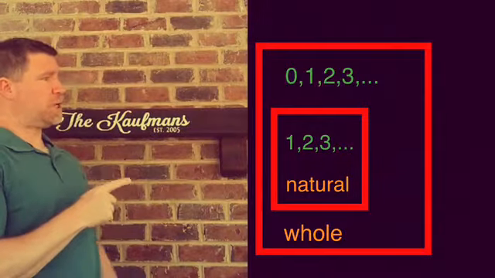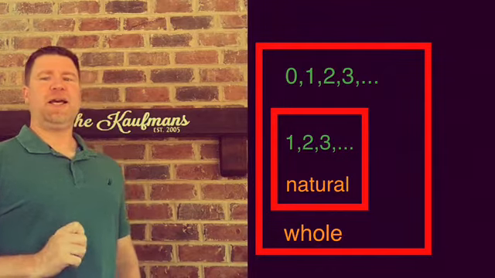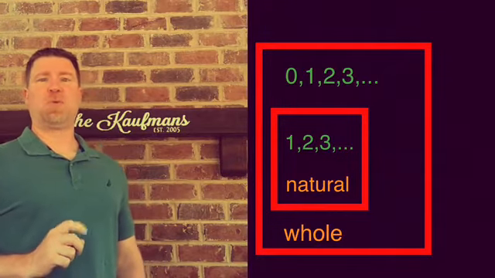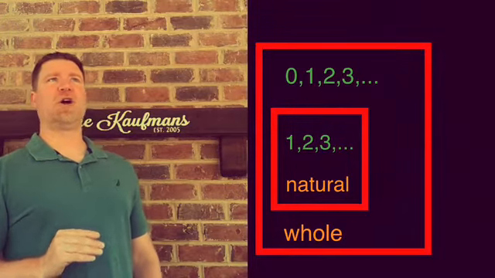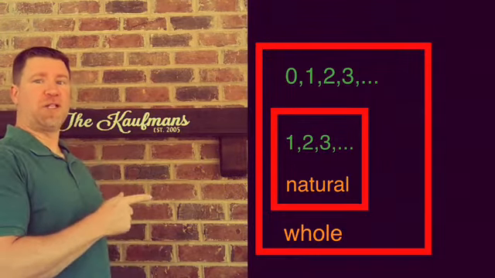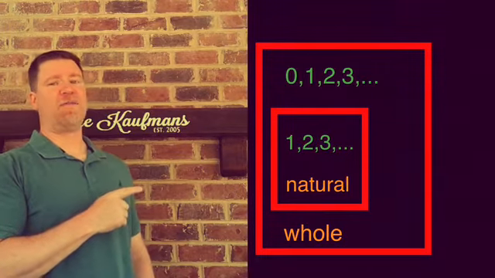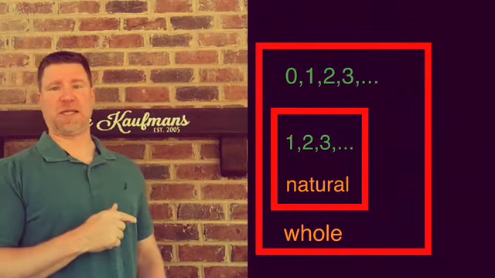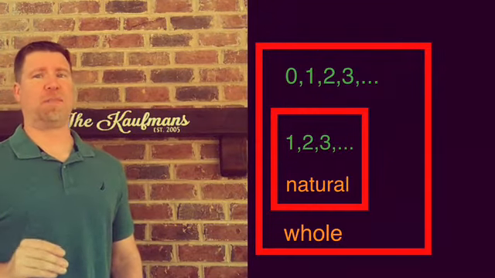The next group of numbers is whole numbers. Whole numbers is a little larger than the natural numbers because it contains one additional number. Now, whole numbers are also all of the natural numbers. If you notice that the natural box of numbers is inside of the whole number group of boxes. So all natural numbers are also whole numbers.